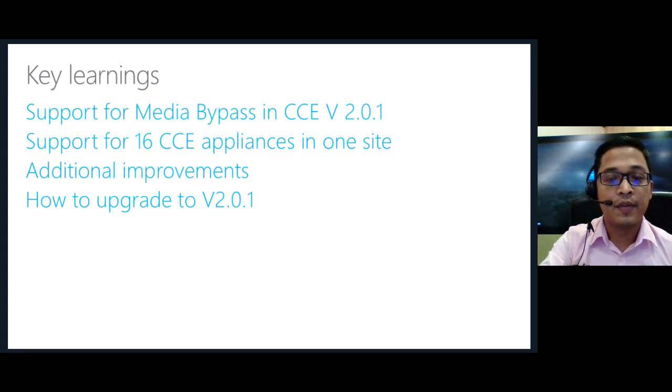It is a very big win for CCE, and it also supports up to 16 appliances in one single site. This is also a big improvement compared to all previous versions Microsoft has released so far. We will talk about security features and so on in a few slides later.